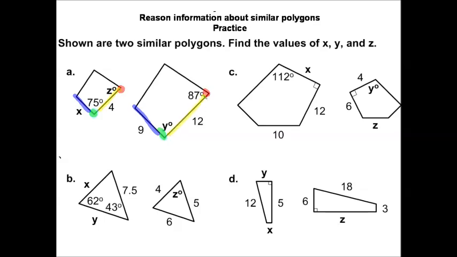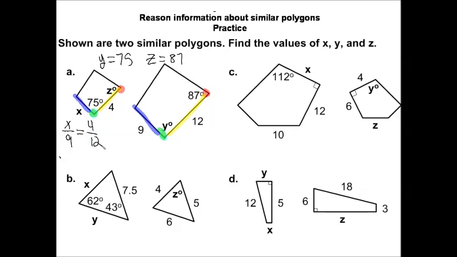But you can tell from the pictures being different sizes that it can't be 9. But again, I have angles, and angles are the easiest one to do because they match. So y is 75 and z is 87. And now I have to solve to find x. So I put x over 9, because those are the same side, and then 4 over 12.